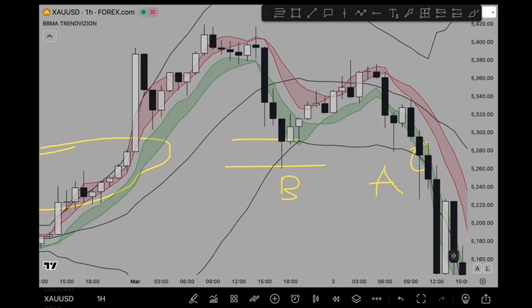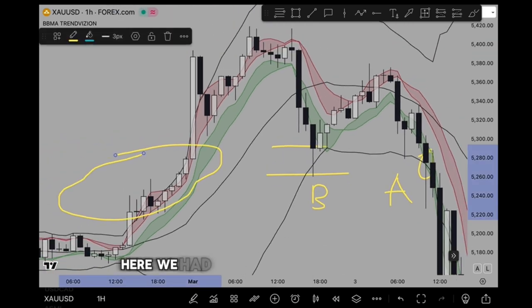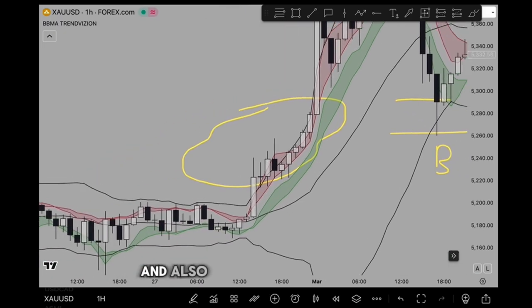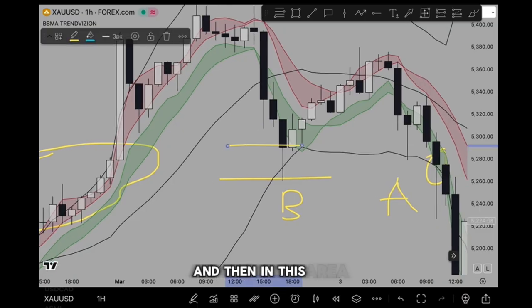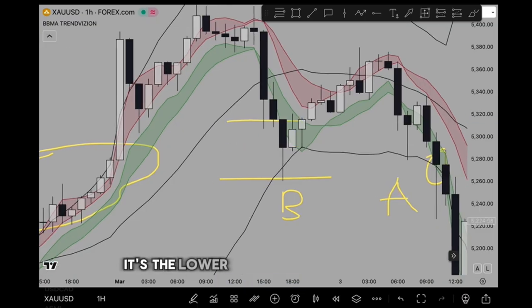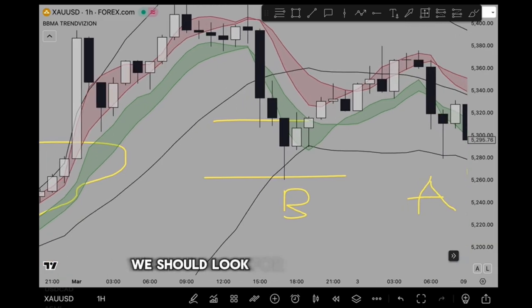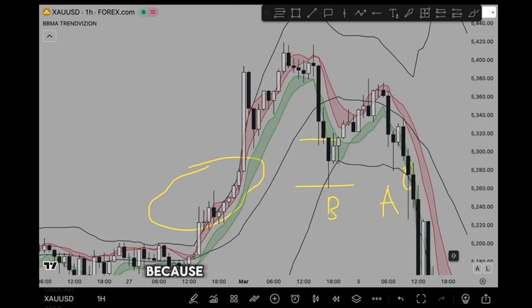Now, what happened? This is the second time frame, okay? Here we had the momentum move on the 4 hour and also on the 1 hour in this case. And then in this area, it's the lower moving averages on the 4 hour. So in this area we should look for buys on the 1 hour or 15 minutes, because there's 3 time frames.